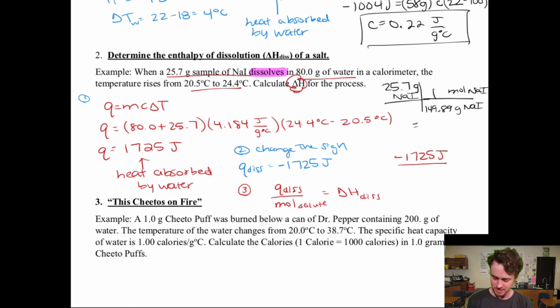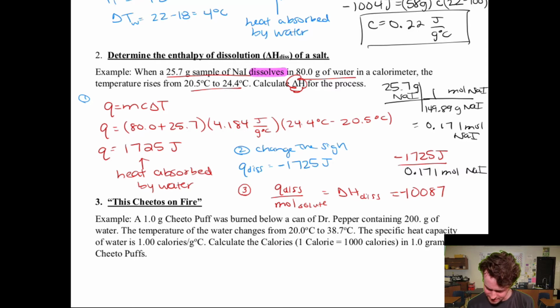So that's 25.7 divided by 149.89, which is 0.171 moles of NaI. And so my delta H of dissolution is going to end up being negative 10,087.